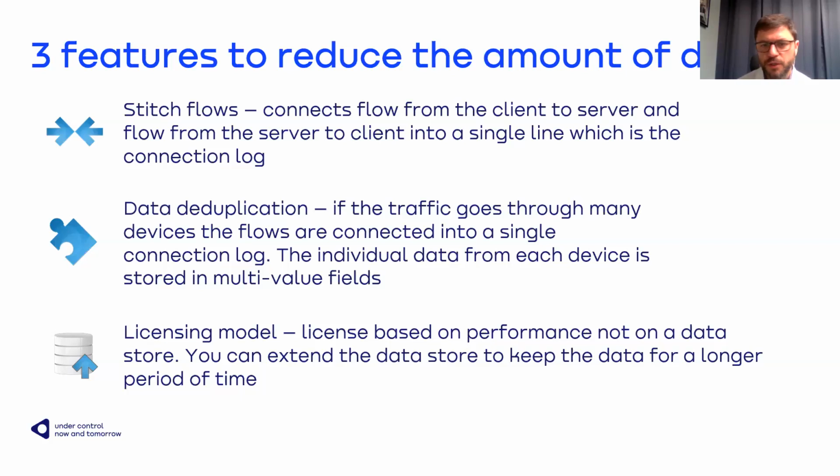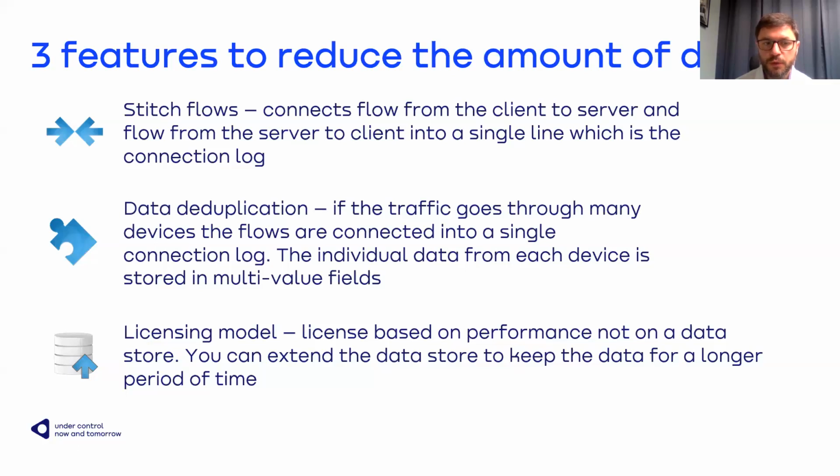And the third feature, maybe it's not the feature itself, but it's our licensing model. In our licensing model, we are using only a single parameter to create the proper license. It's number of flows per second received by the collector.